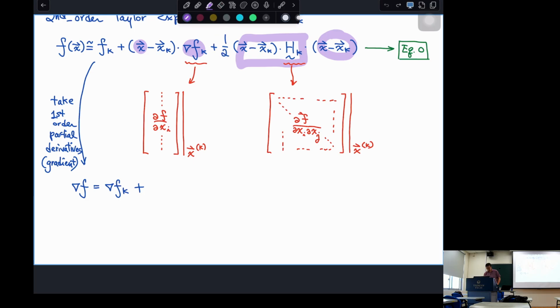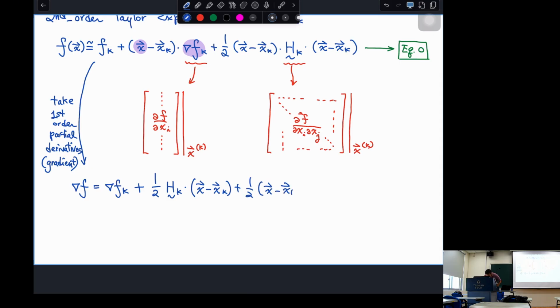So both terms are the same. At the end, it's 1/2 of this plus 1/2 of the front. And last time we already talked about how they are actually the same term because the Hessian is symmetric. So at the end it is this.